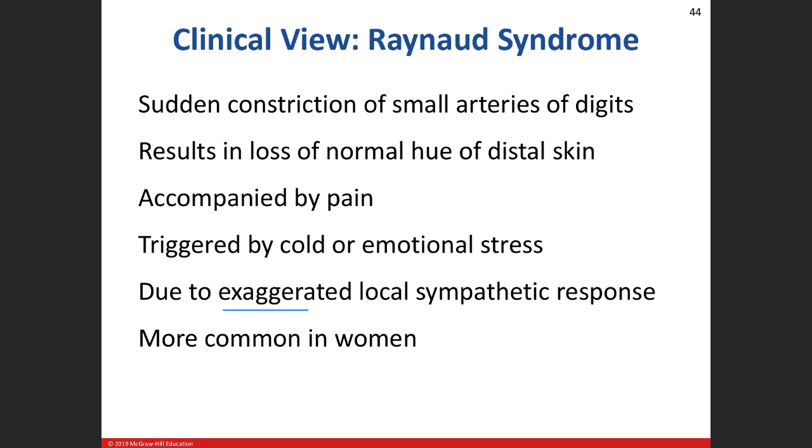So we get an exaggerated response, that sympathetic nervous system starts to go haywire, and it increases its stimulation to the small, tiny arteries in your fingers, and that causes vasoconstriction. So we start to prevent blood from getting to your distal digits, so your fingertips will start to turn blue, okay?